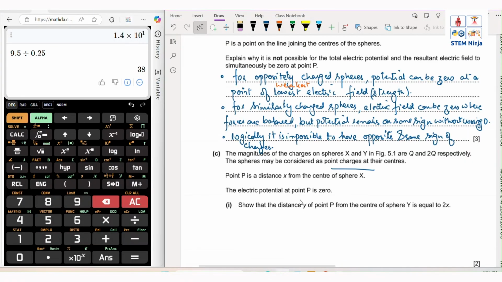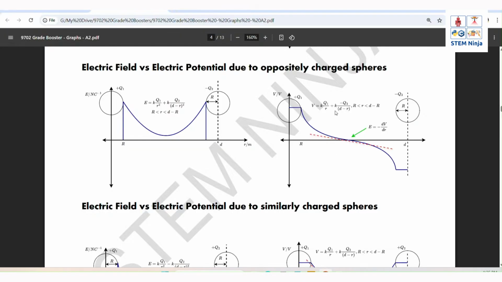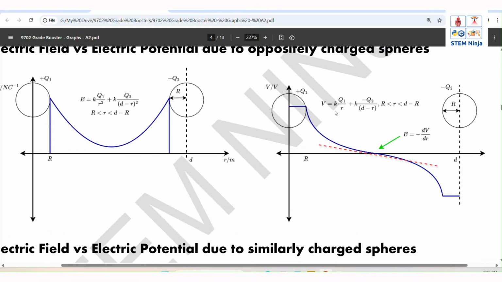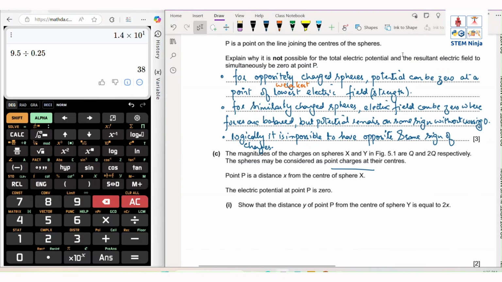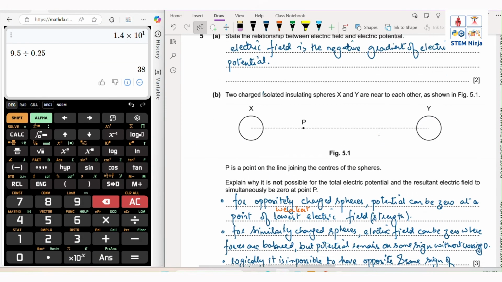So going back, show that the distance y of the point P from the center of sphere Y is equal to 2x.